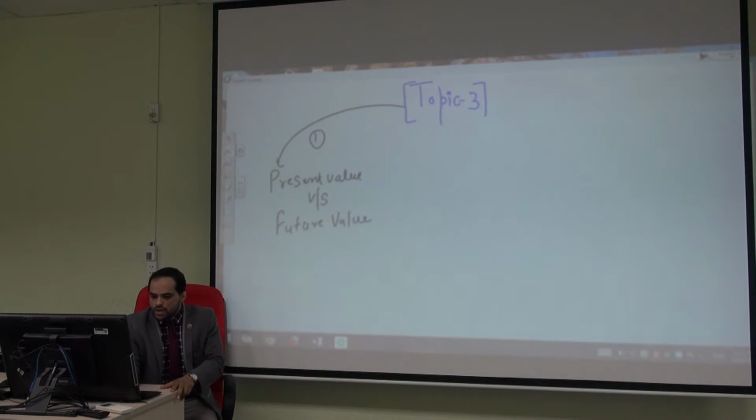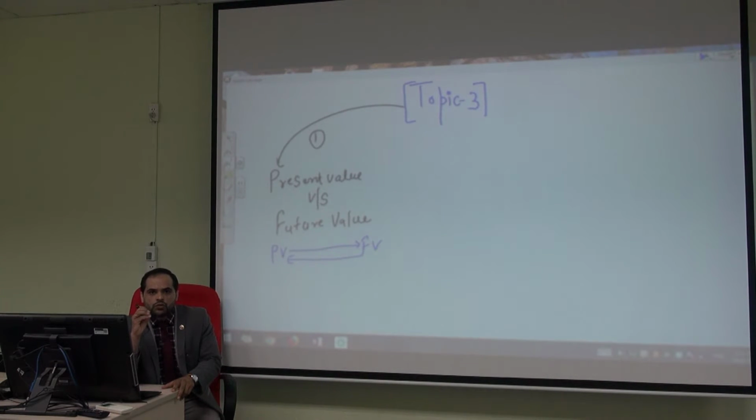In present value and future value, we have different ways to explain them. Remember, another name for present value is a discounted future value.